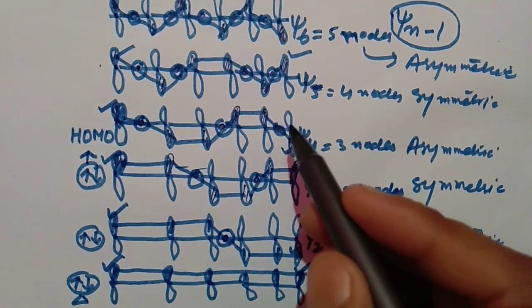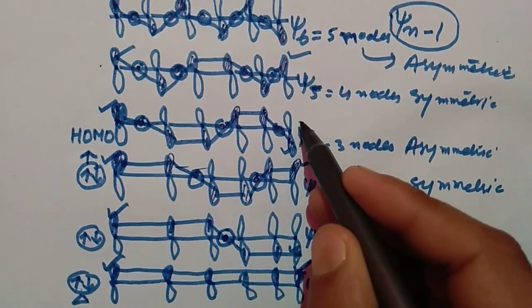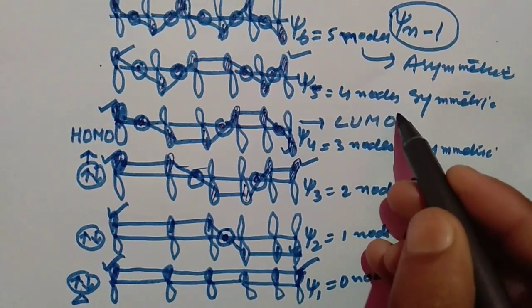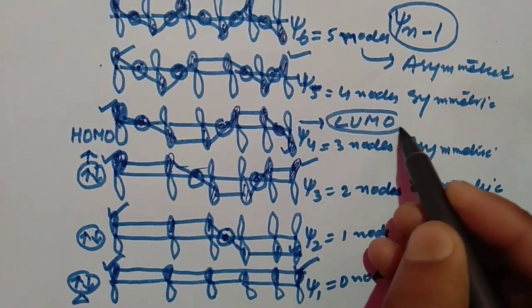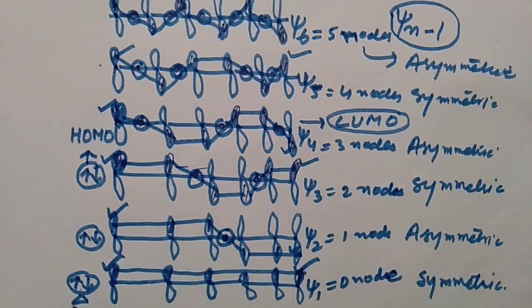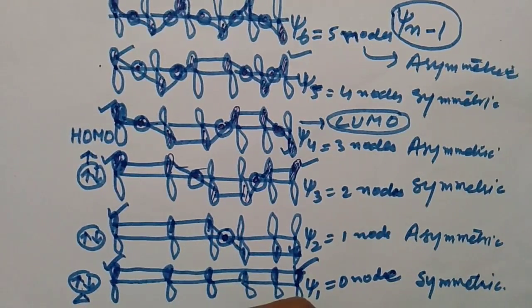So psi 4 is LUMO for thermal conditions.